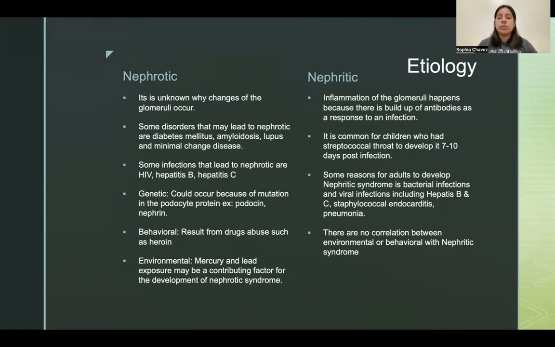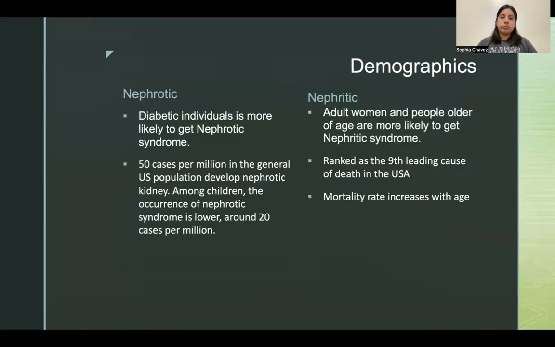Some reasons for adults to develop nephritic syndrome, again, as well as the nephrotic, is through bacterial or viral infections, like hepatitis B and C, streptococcal endocarditis, and pneumonia. There's no correlation really between the environmental or behavioral with nephritic syndrome.